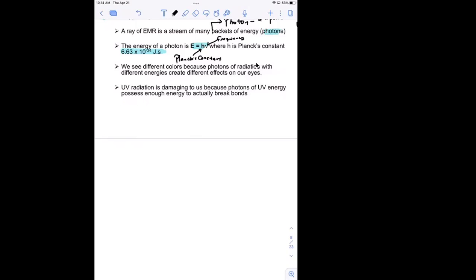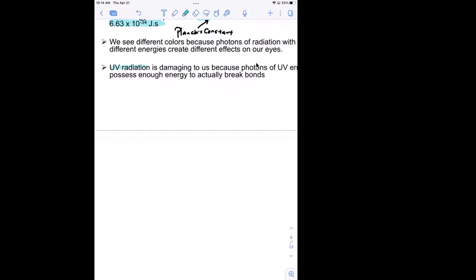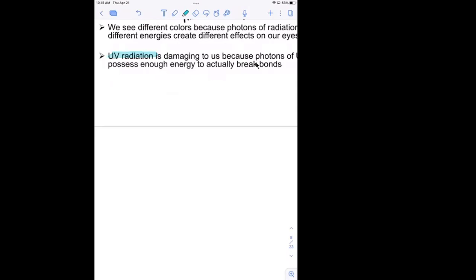And then the UV energy being slightly higher than the violet region, that UV radiation is the most dangerous to us because UV energy is enough to cause bond cleavage, right? Covalent bond cleavage. Let me show you that.